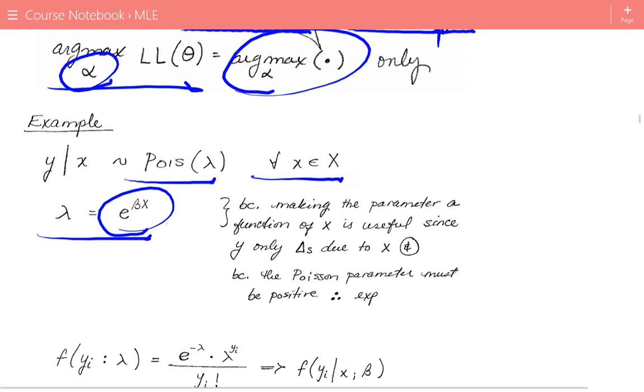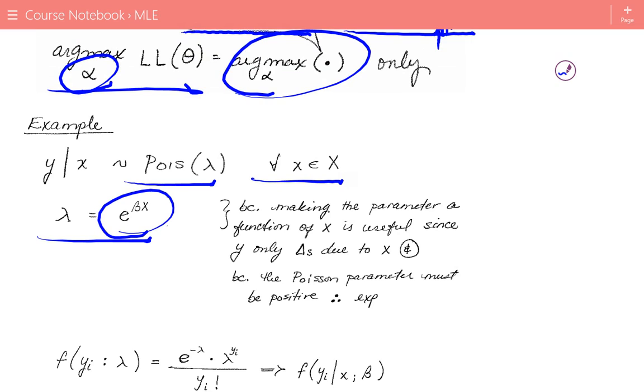Now, what's important just to note on the side is that if you have a conditional distribution, and that distribution has a particular form, for example in this case it's a Poisson, and a Poisson has a single parameter lambda, then what makes it conditional in a way that's non-trivial must be that the parameters in the model must be a function of the x's. That has to be the case. And this is how you can think of writing up specifications for conditional models.